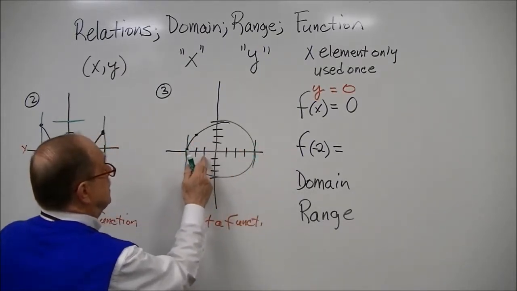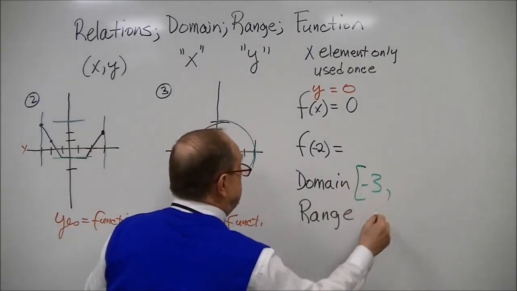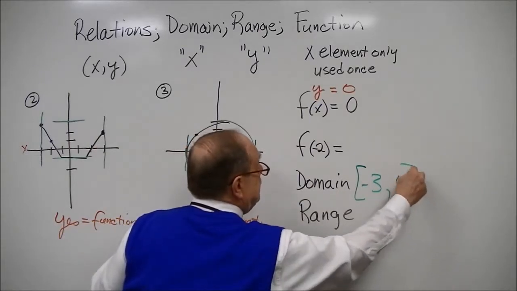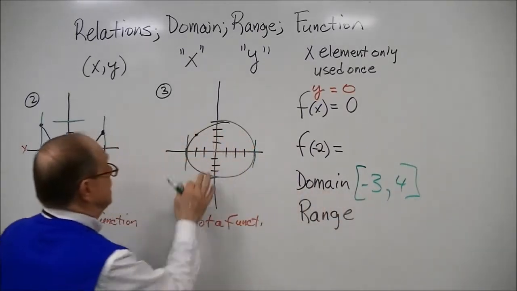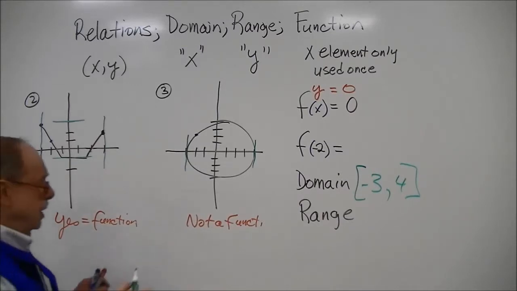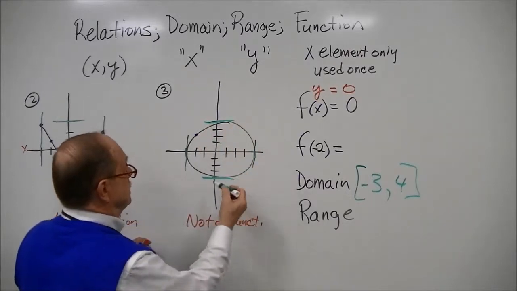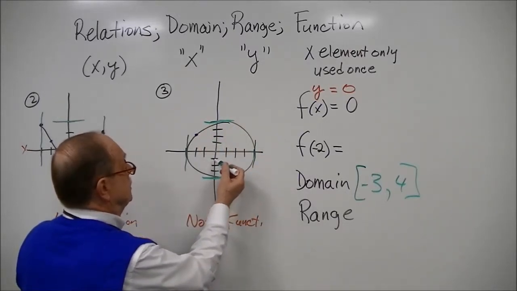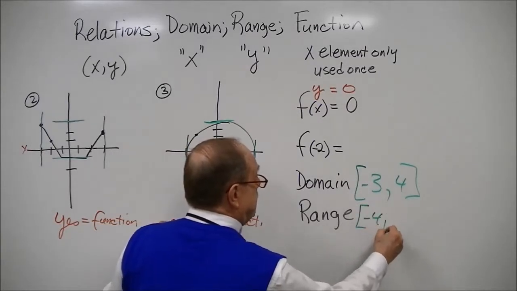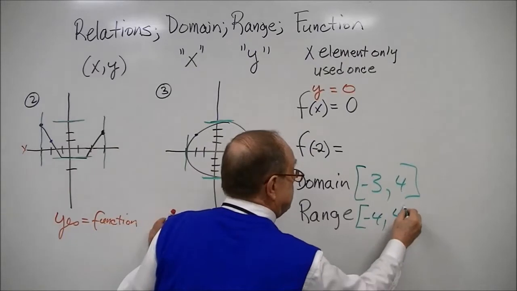So it's negative 3, and 4. Both of these are included in the set. For our range, starting here and ending there, that's a negative 4 to 4.